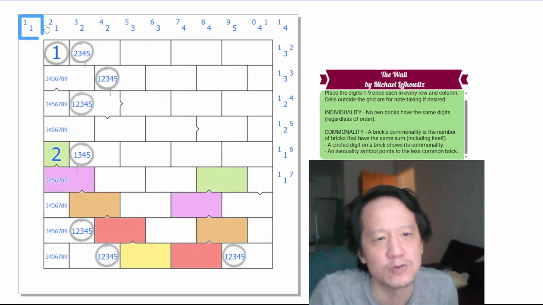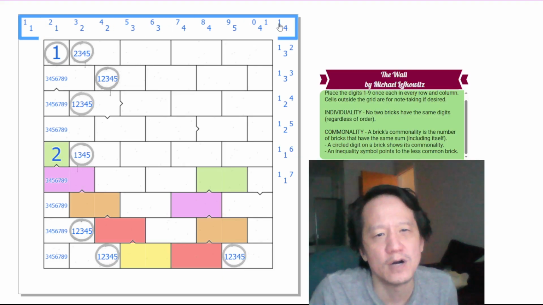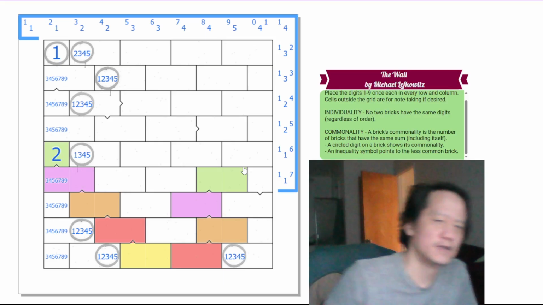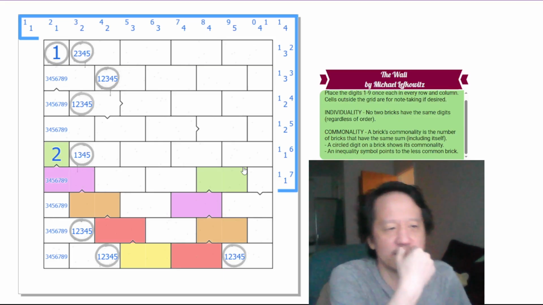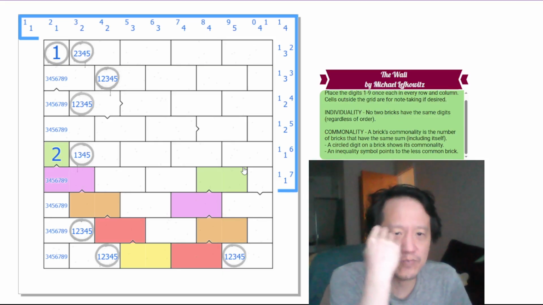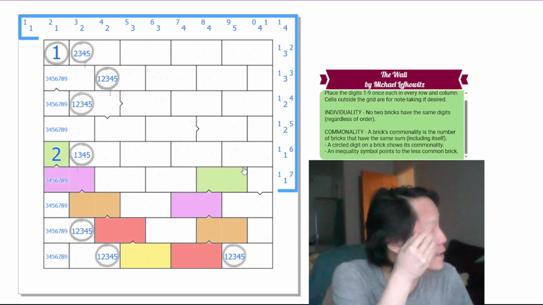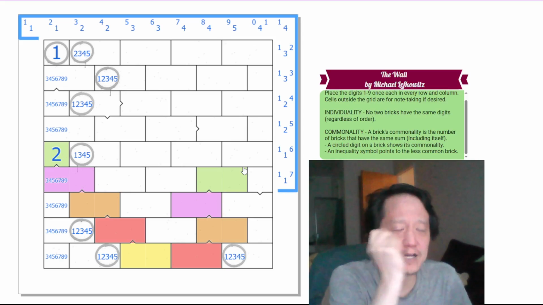How many possible combinations can we have? I think it must be 1 through 9, right? I mean, okay, hold on. So we have 45 different combinations, or different bricks. That means the sum of all these must add up to 45.